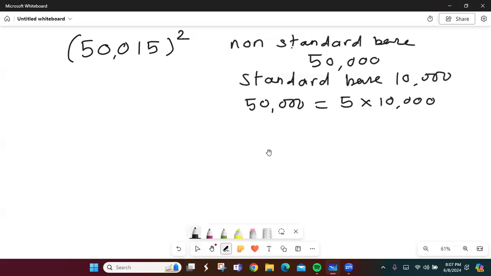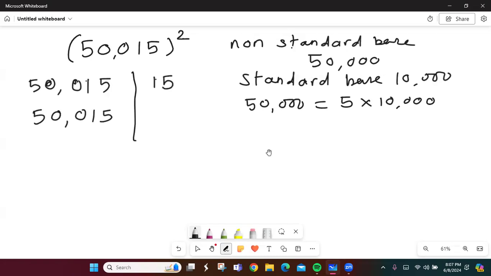So let us follow the same procedure. Write 50,000 and 15 in the first column, one below other. Now 50,000 and 15, it's 15 excess of 50,000.